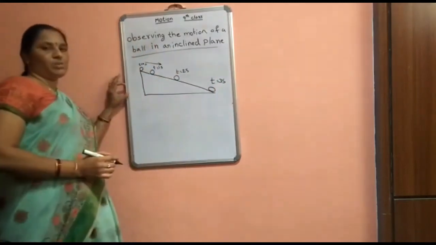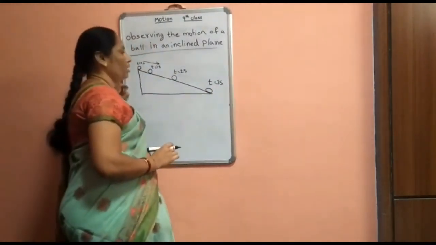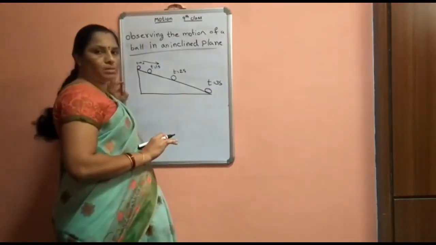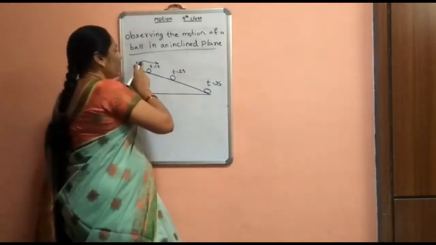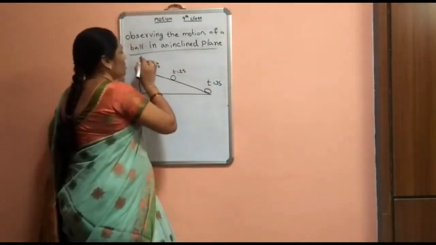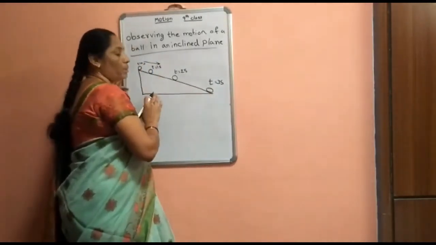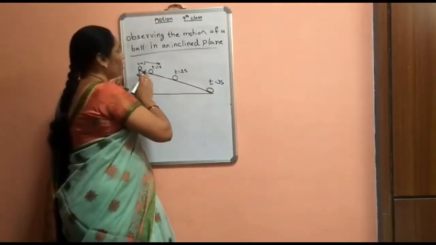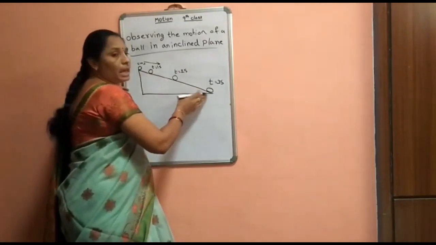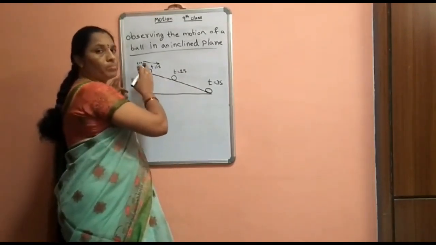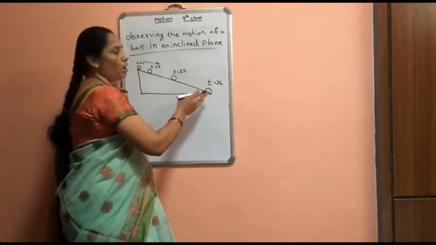Here we observe the motion of the ball. The direction is the same, upward to downward, but the speed is increasing from top to bottom.